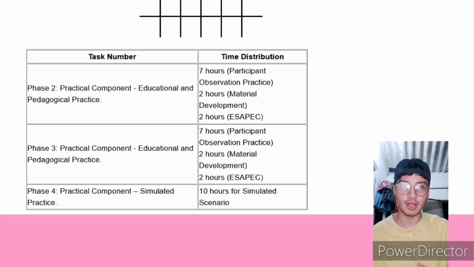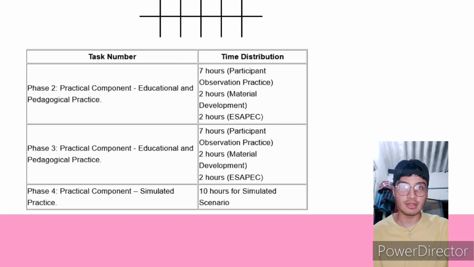The task number and the time distribution. Phase 2, practical component, educational and pedagogical practice: the time distribution is 7 hours of participant observation practice, 2 hours of material development, and 2 hours of ESAPEC.